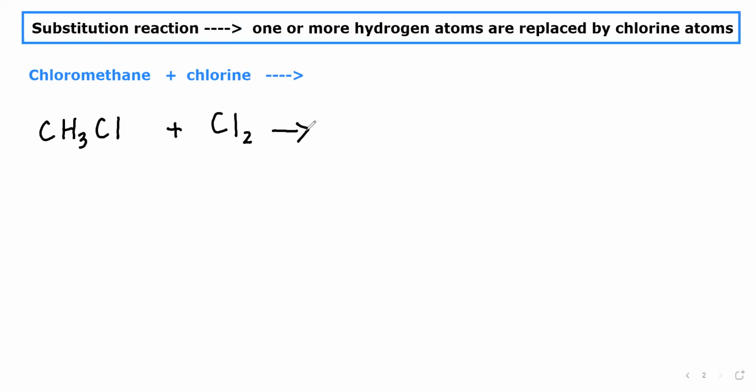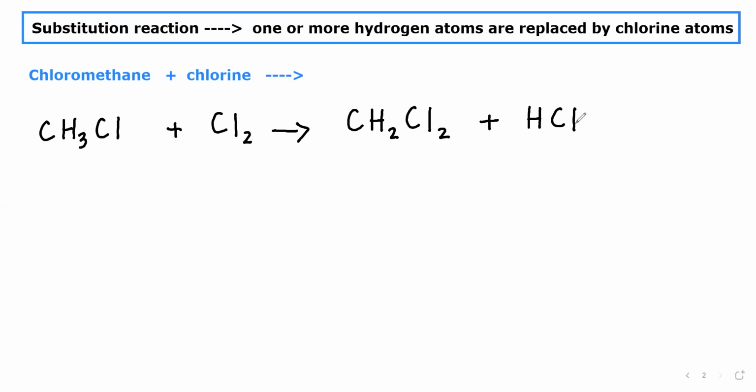Now, one more hydrogen will be replaced by chlorine, so we get CH2Cl2, and what else will we have? HCl. Now let's draw it here.